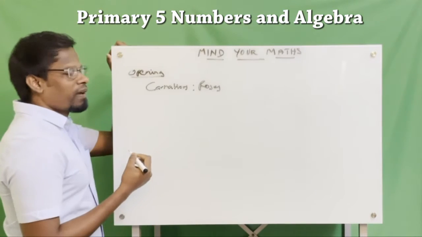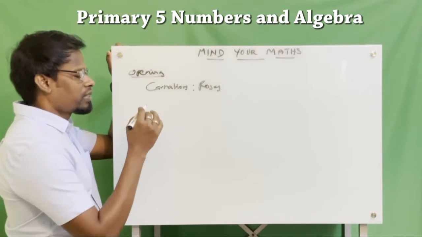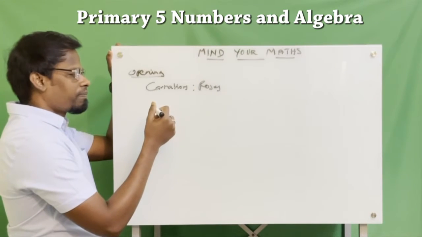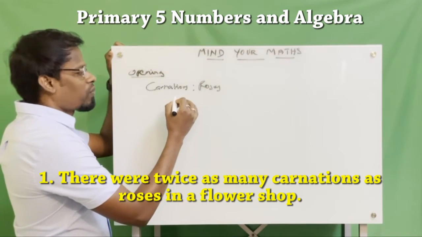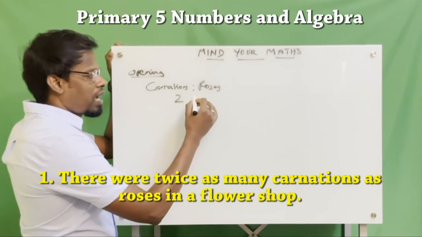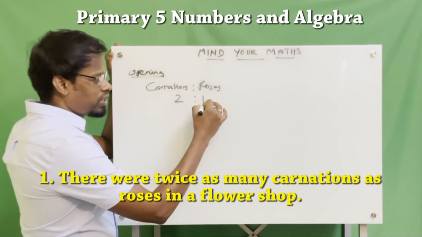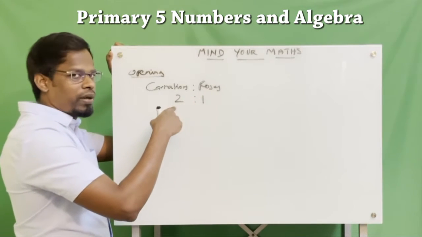Because we are going to use the algebra method, let's see, at the starting, when the shop was opened, there were 2 times carnations as roses. So it is 2:1. If the roses were 1, the carnations were 2.